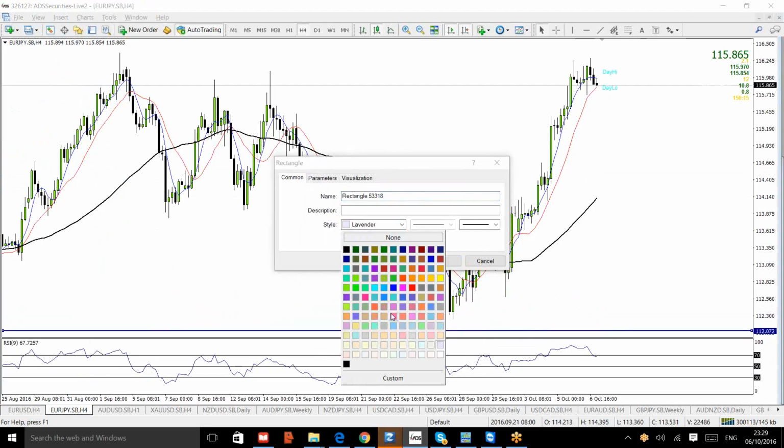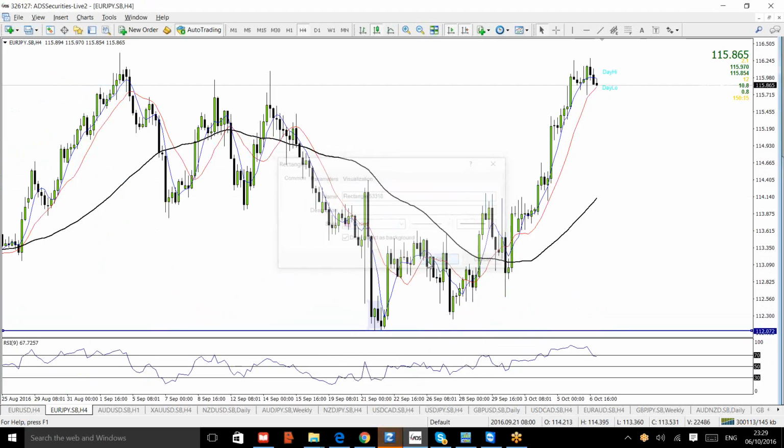Okay, that's your first candle. Liz, can you see it? Good. So that is your first candle, guys.